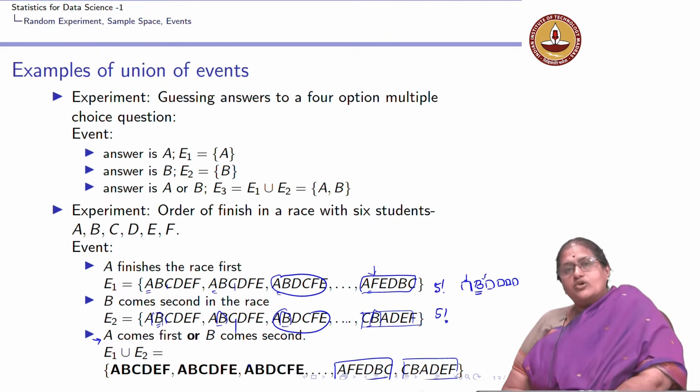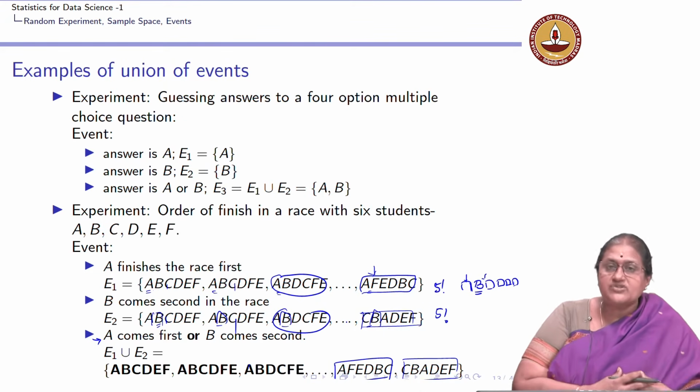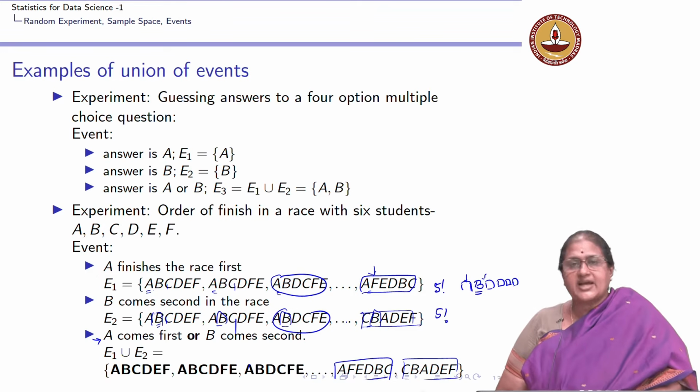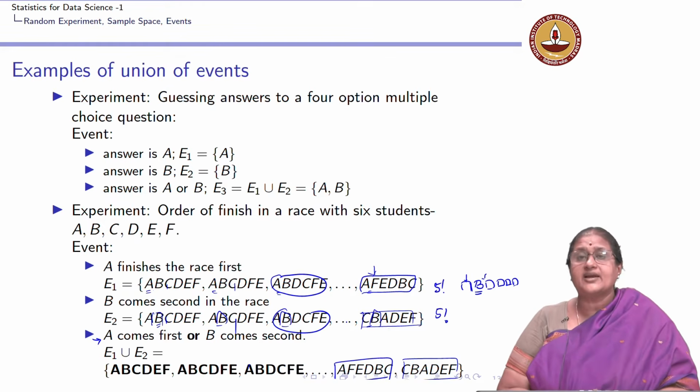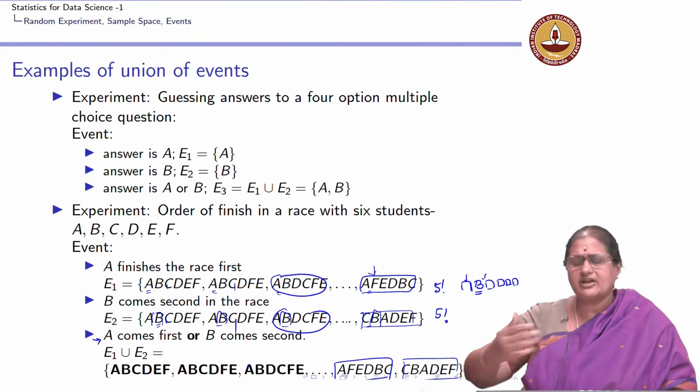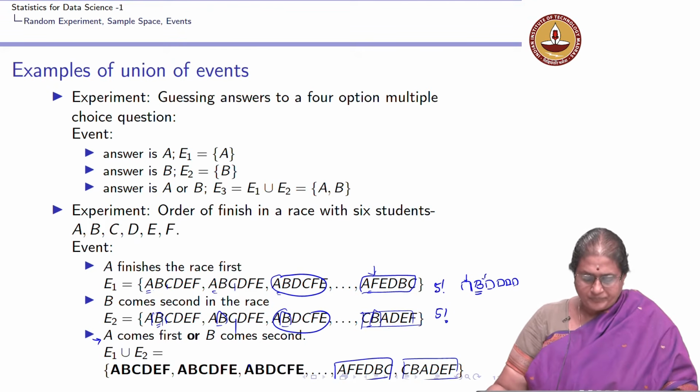So, the set of outcomes where either A comes first or B comes second constitutes this E1 union E2 event, and I can describe it as either A comes first or B comes second. So, it is a meaningful event to have.